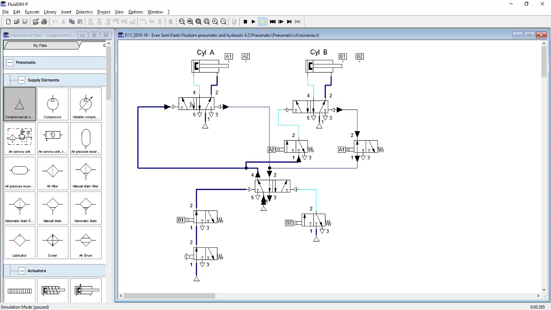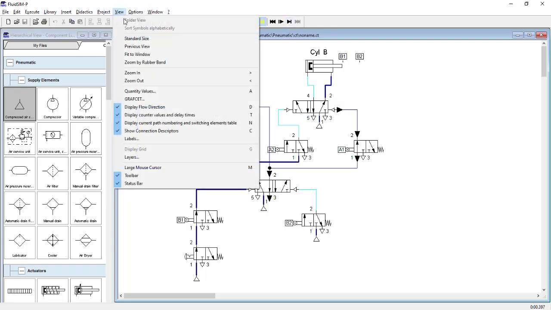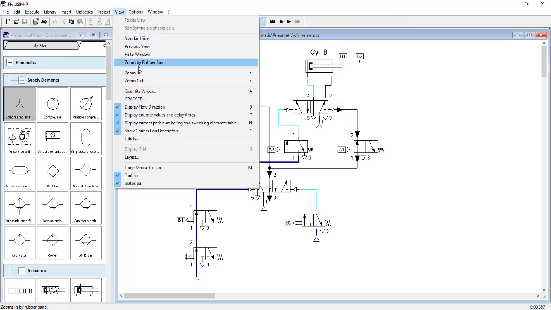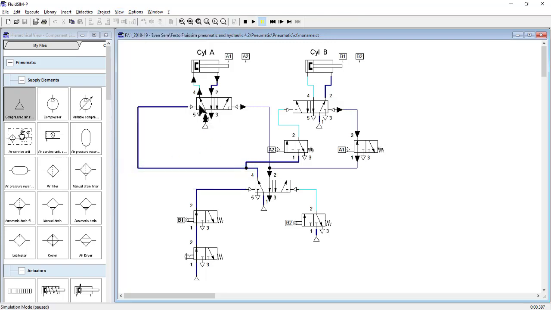Okay, look over here. Just a minute, so that it becomes easier for you to see. Yeah, over here. Okay, so this is active.